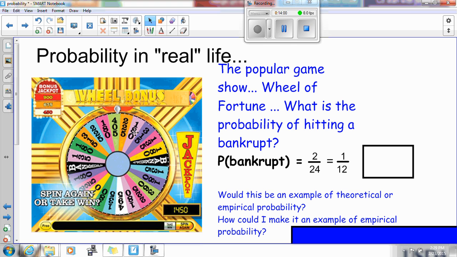If we had actually spun the spinner, say 24 times, then we could get empirical. This was theoretical. Oh, I'm sorry. This was an example of theoretical probability. We can make it empirical by actually spinning the spinner.